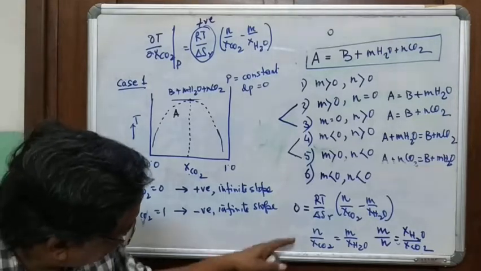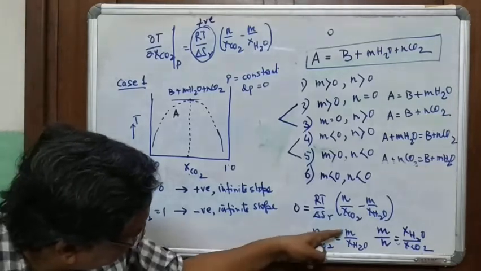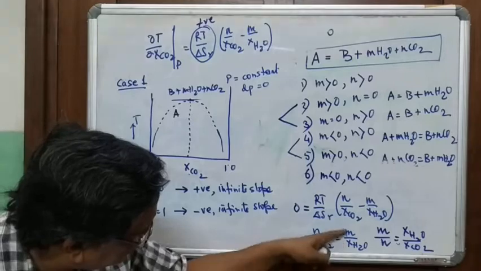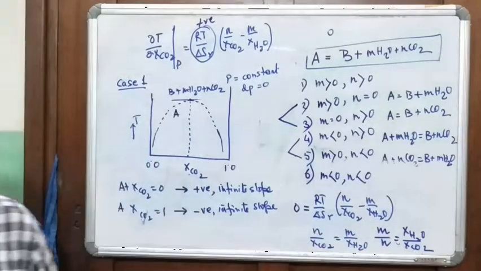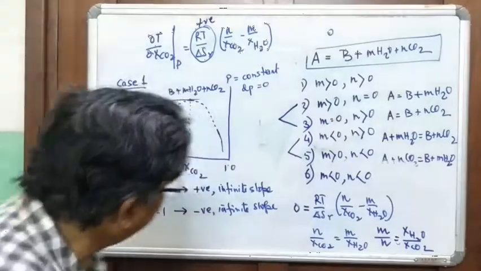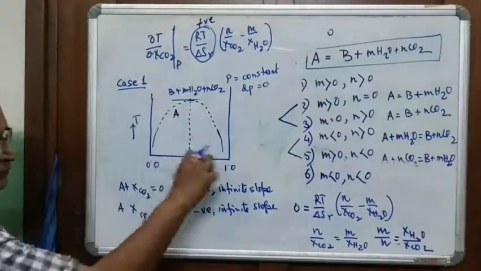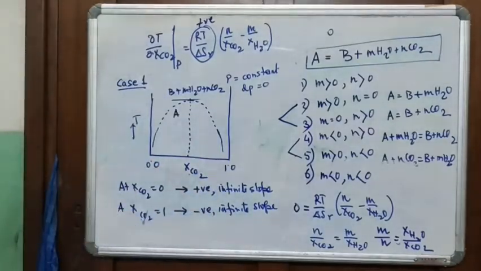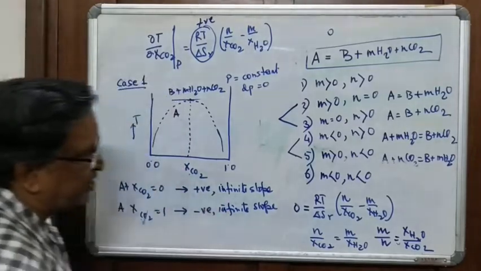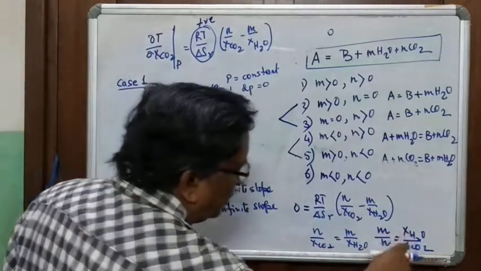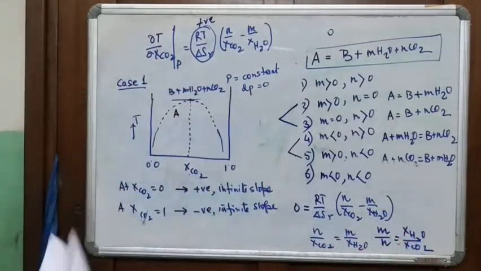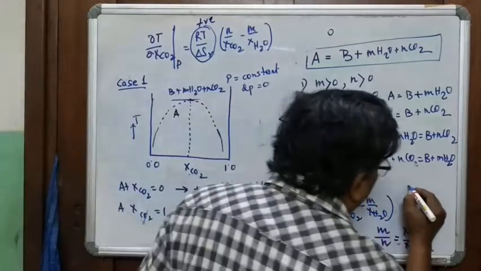So we have N by XCO2 equal to M by XH2O, so M divided by N is equal to XH2O by XCO2. Remember, this is XCO2.